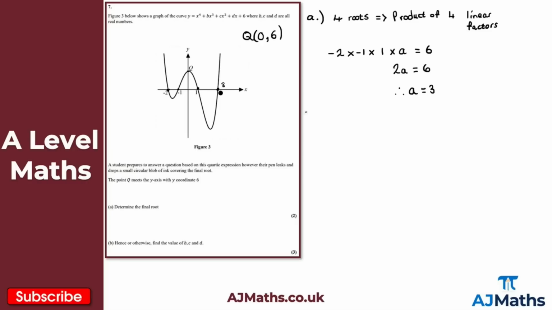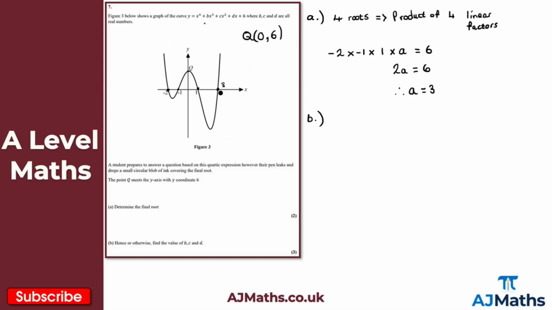So for B now, it says hence or otherwise find the value of B, C and D. So B, C and D are in the quartic here. How do we find these values? Well, like we said, we have 4 roots, so I can express this as a product of 4 linear factors, and we know all 4 roots.